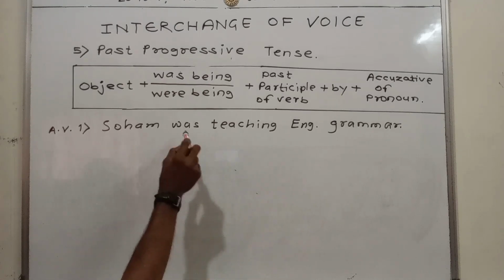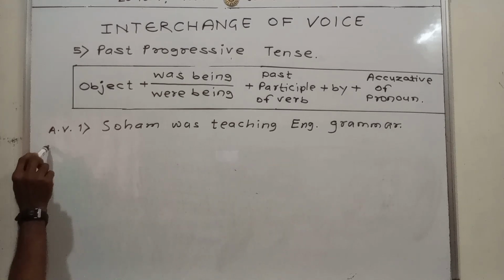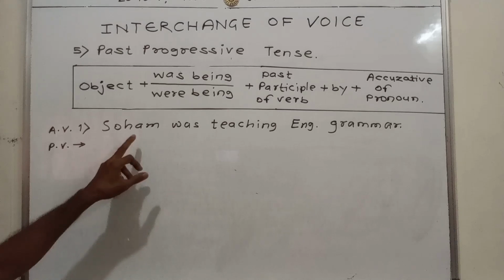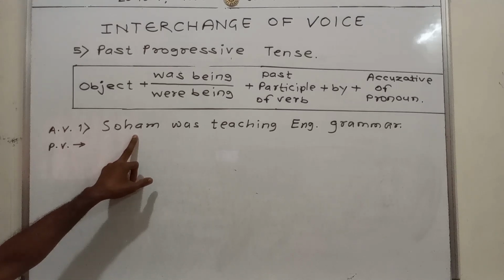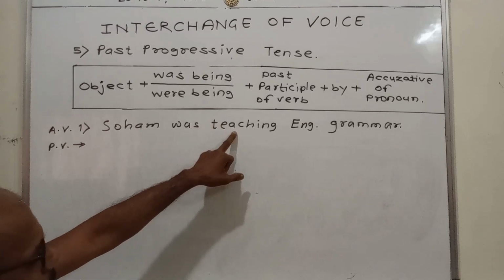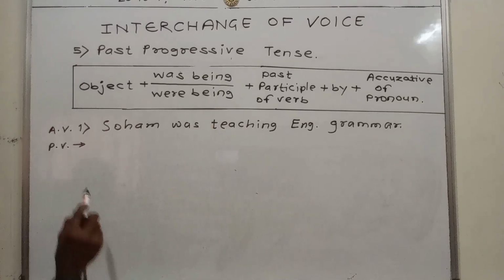Soham was teaching, past progressive, okay, English grammar. Then passive voice. Soham subject, was auxiliary verb, teaching main verb, English grammar our object.